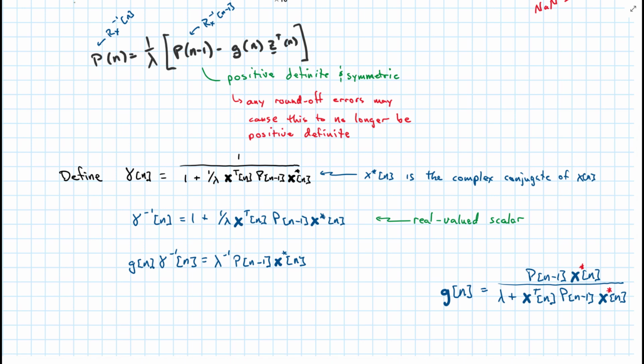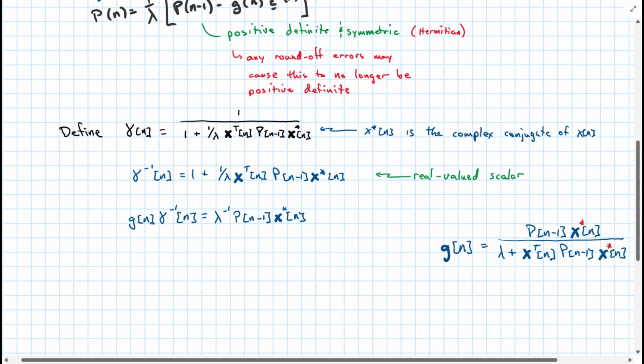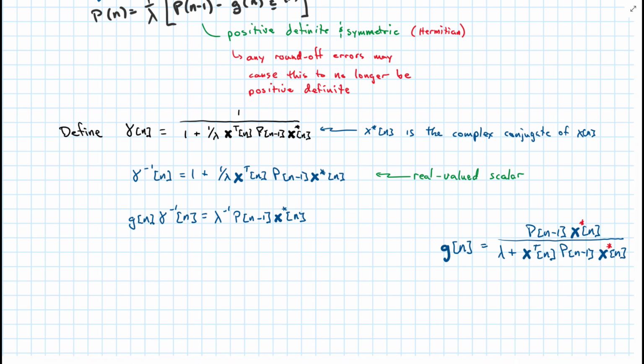One of the ways we can do that is by construction. Since P is, I guess I should put here, actually, in the case going forward here, this is going to be not just a real symmetric, but it could be a Hermitian complex matrix. Since it is symmetric or Hermitian and positive definite, we can represent it with a Cholesky decomposition.